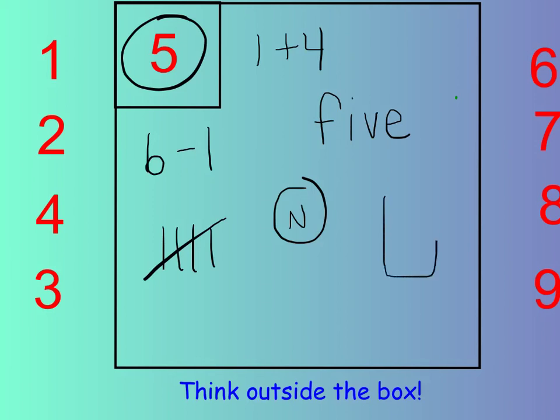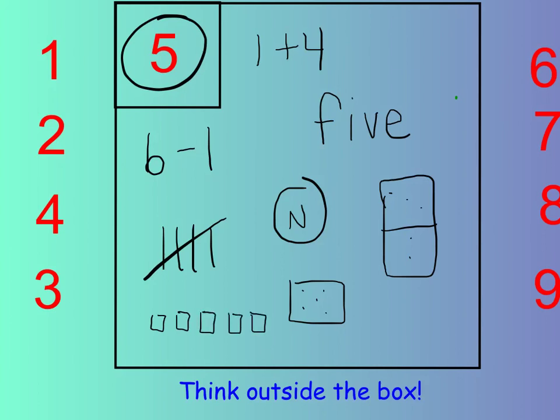I could also draw a domino and on one side put 3 dots and on the other side put 2. That's the same thing as 5. I could also draw a die with 5 dots on it as if it landed on 5. I could also draw 5 ones from base 10 blocks. That's the same thing as 5. So there are lots of different ways for me to make 5 other than just addition problems.